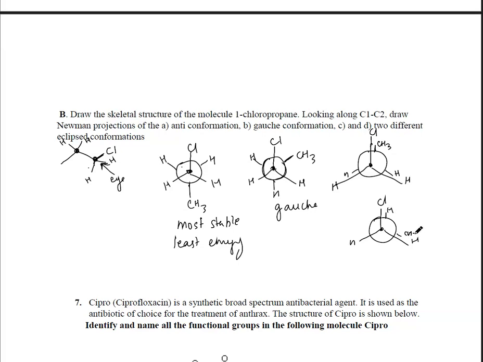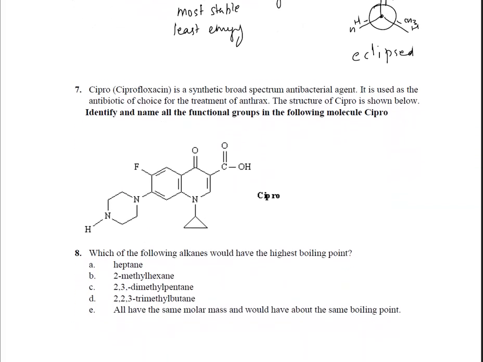The methyl is over here, and then the other hydrogen atom is over here. Okay. So these are the two eclipsed conformers. The one where the chlorine and the CH3 are eclipsed with each other will be the least stable, the highest energy one, because of the close interaction between two large groups, chlorine and CH3.